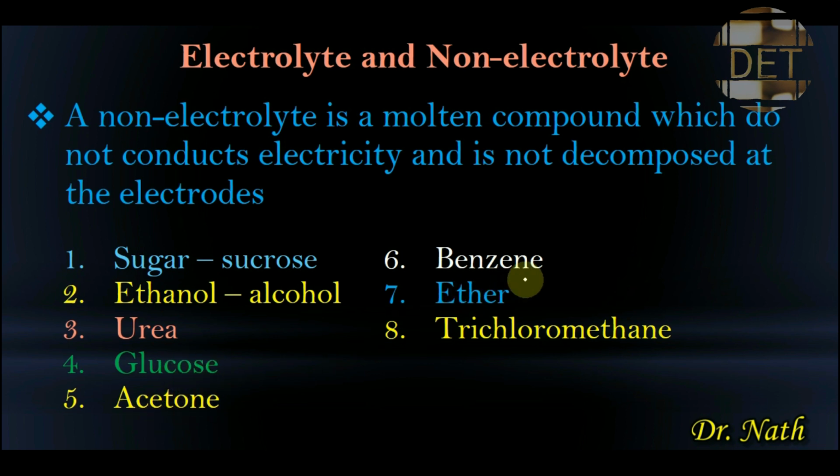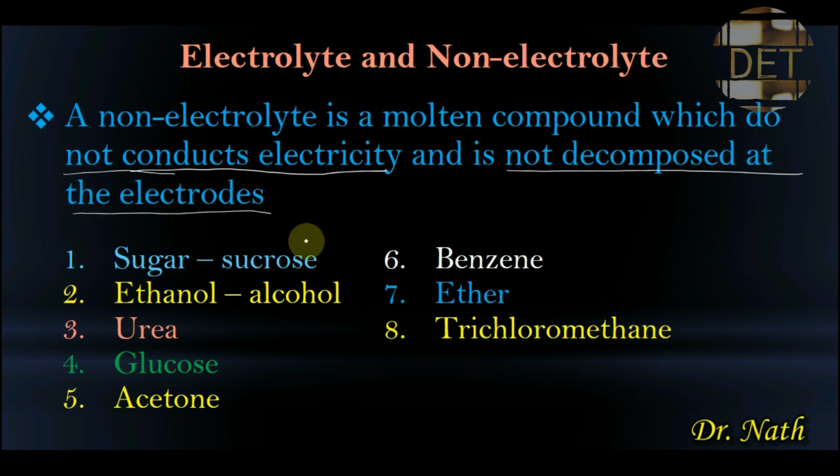Acetone, the same thing, benzene, ether, and trichloromethane. All these compounds do not conduct electricity and are not decomposed at the electrodes during electrolysis. So this is very important. Not conducting electricity, and not being decomposed at the electrodes during electrolysis, is what defines a non-electrolyte.